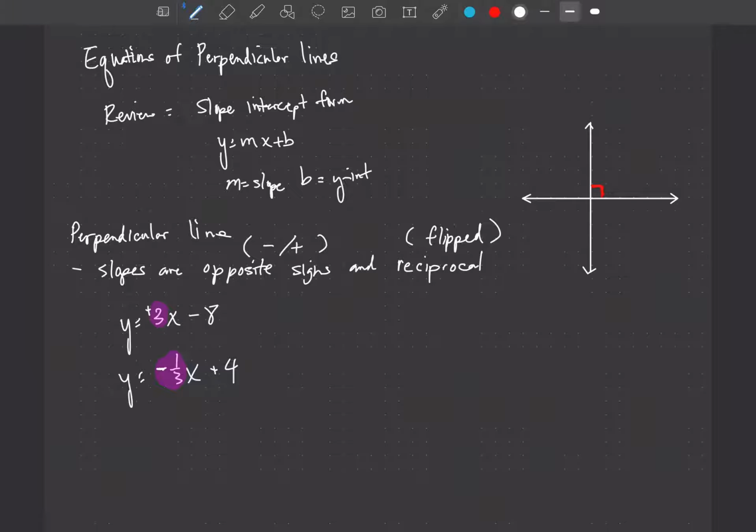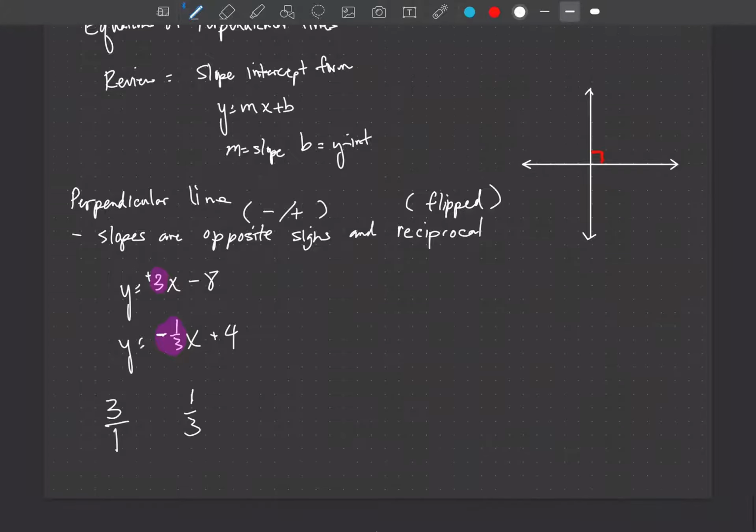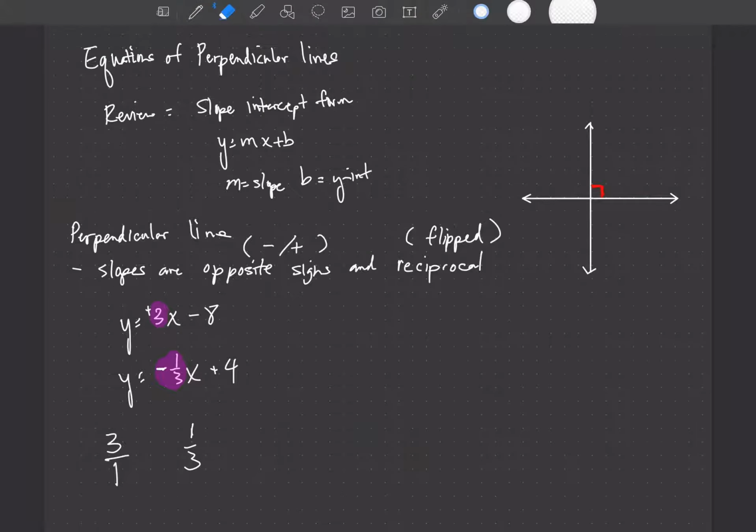And they're reciprocals. So again, 3 would be the same thing as 3 over 1, which means if I flip that, it would be 1/3. So you can see that 3 and 1/3 are reciprocals of each other. So I can say that these two equations are perpendicular.